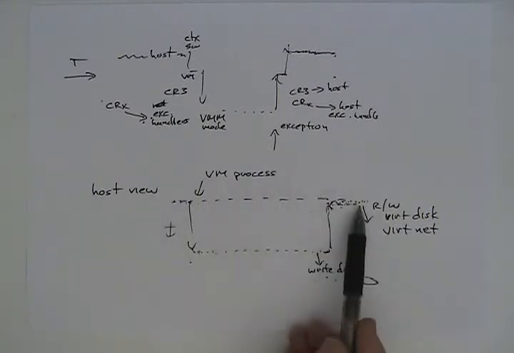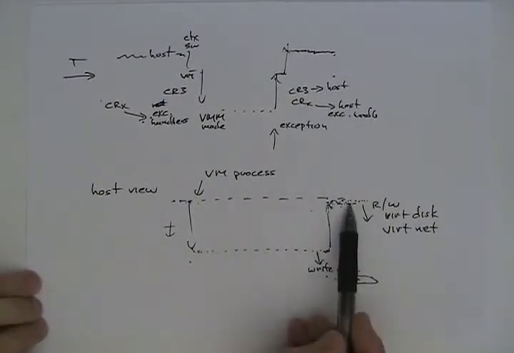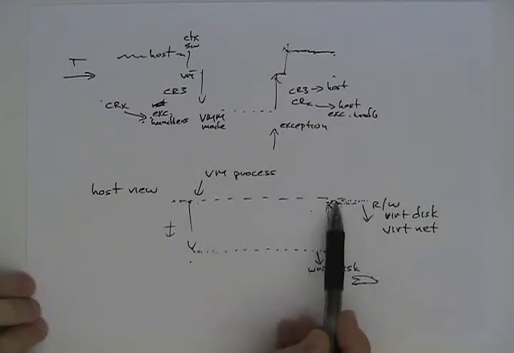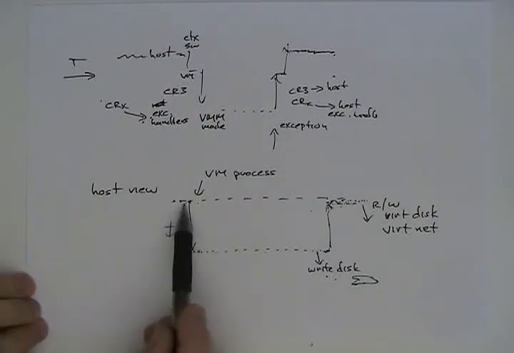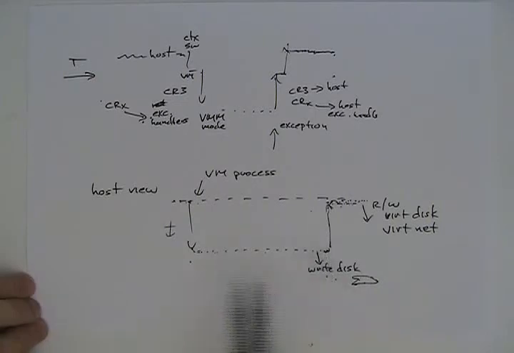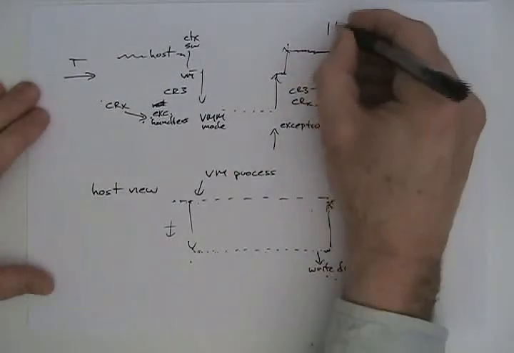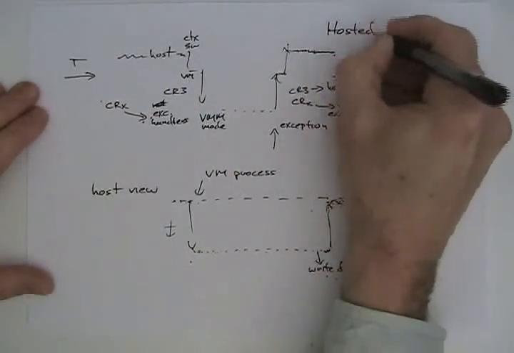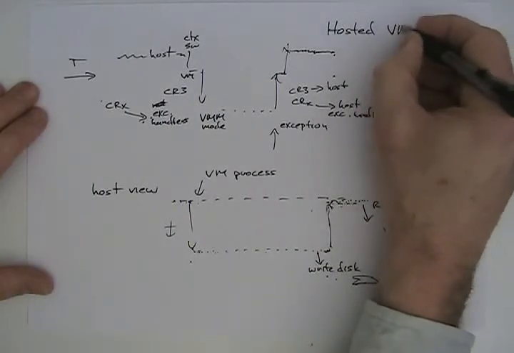So whenever the host OS sees this process, it's running this top level process. And then in between, when it's gotten a chunk of CPU time, it transitions over to the hypervisor and runs that. So this is our hosted virtual machine monitor.